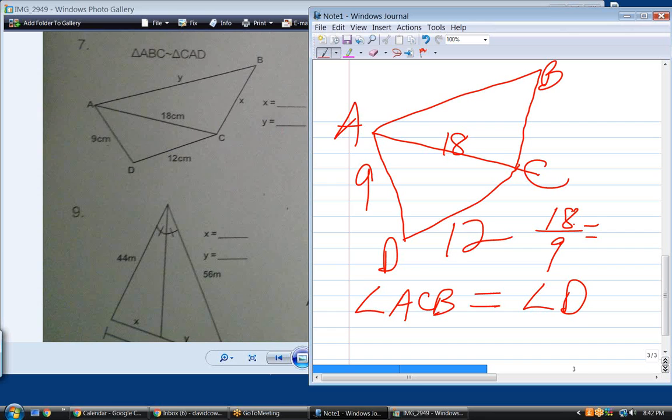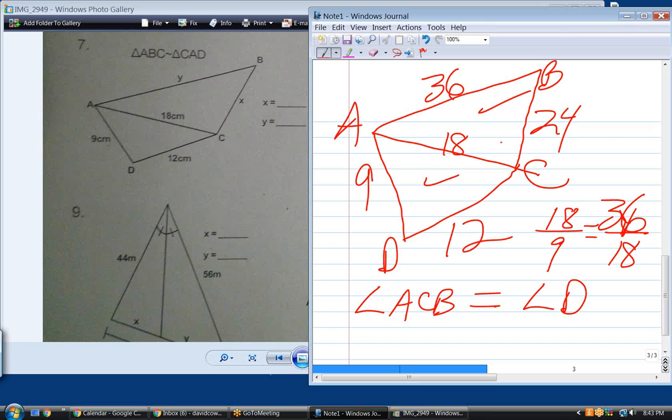So 18 is to 9 as y is to 18. Makes y 36. So this side's 36. This side is 24. Now I can see that this triangle is clearly similar to that triangle because all of my corresponding sides ratio is the same. 9 is to 18, as 12 is to 24, as 18 is to 36.